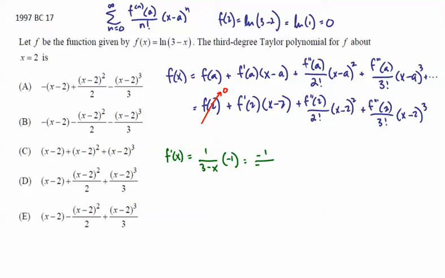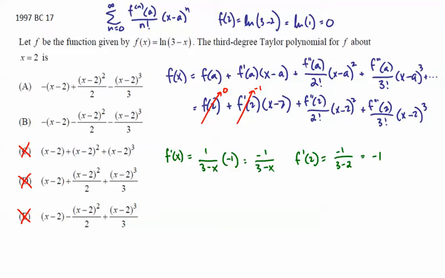So that would be negative 1 over 3 minus x, and f prime of 2 is negative 1 over 3 minus 2, which is negative 1. So right away we can tell that we need to start off with negative quantity x minus 2. That gets rid of c, d, and e, and we're down to 2 possible choices now.